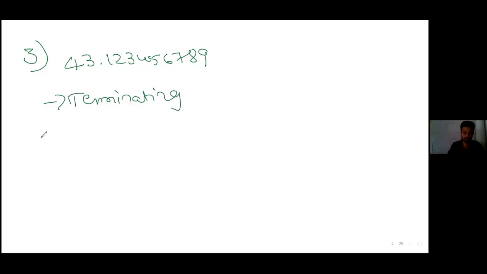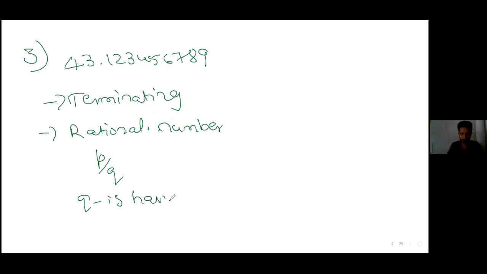And because it is terminating, it is a rational number of the form p by q, where q is having factors 2 and 5 only.